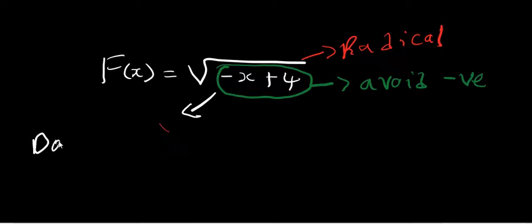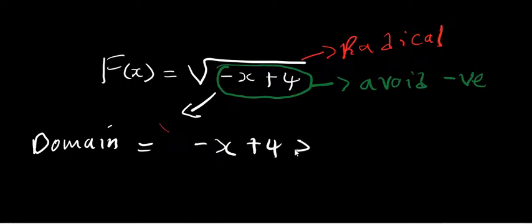So we say domain is equal to, we get what is inside, which is negative x plus 4, and then we say it should be greater than or equal to 0.